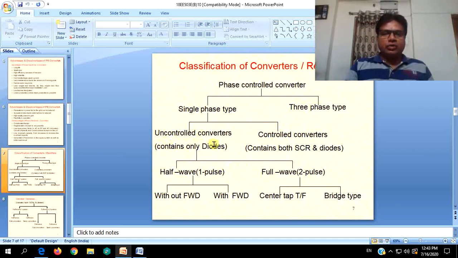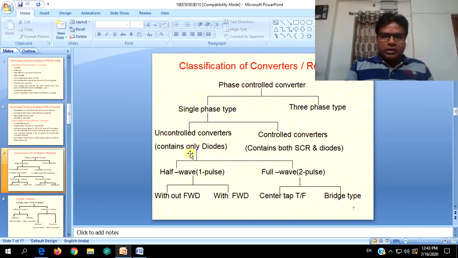Uncontrolled means it contains only diodes, of which the action cannot be controlled. Controlled means it can contain both SCRs and diodes. If the combination is there, it is semi-controlled.